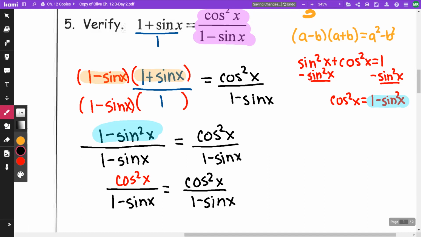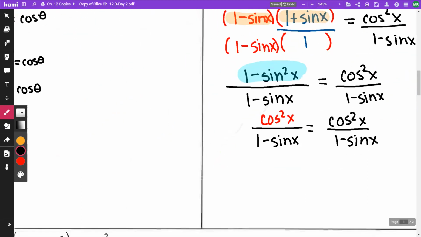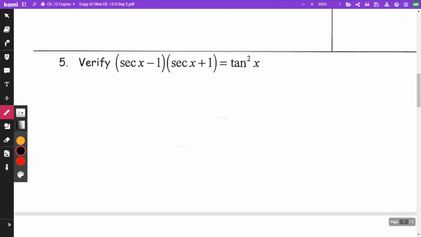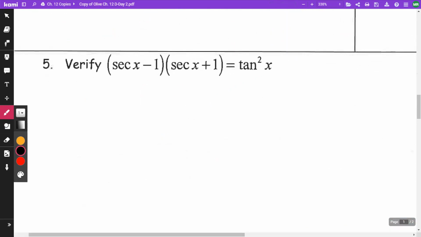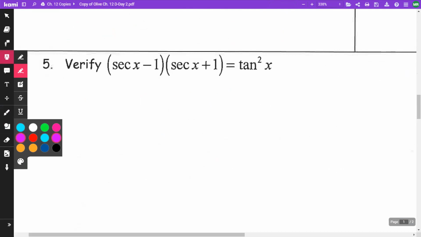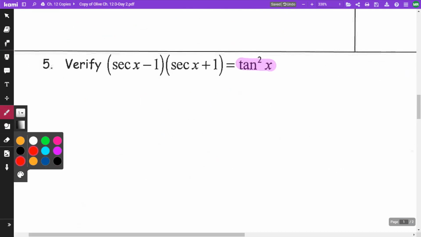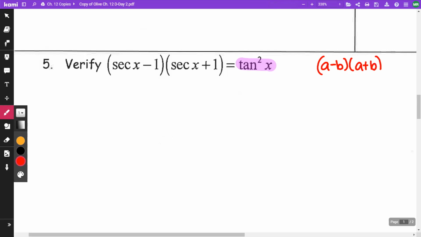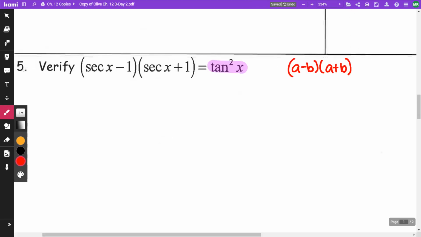On the next, number 5, we're trying to verify that these are equal. So again, I'm going to focus on keeping this. Now, just like I did above, I am going to be looking at a difference of two squares, a minus b times a plus b, and that is equal to a squared minus b squared.